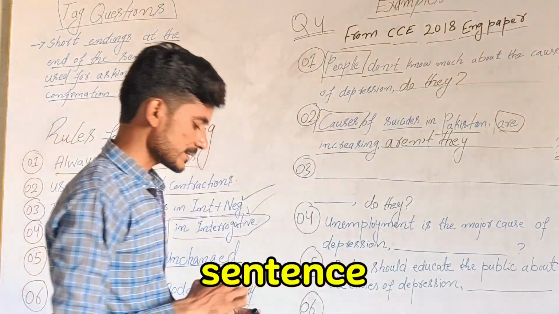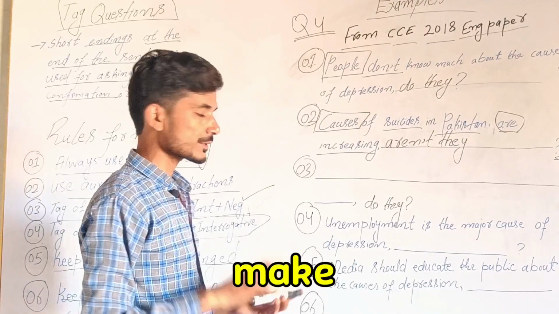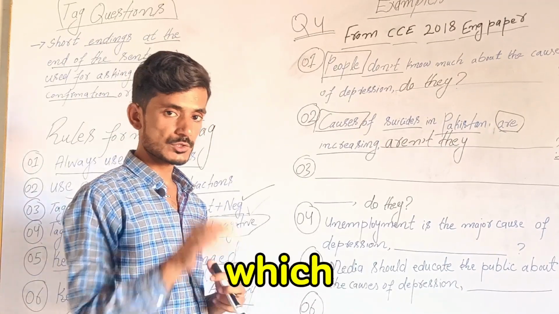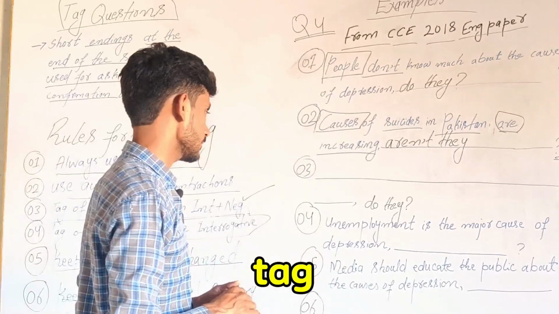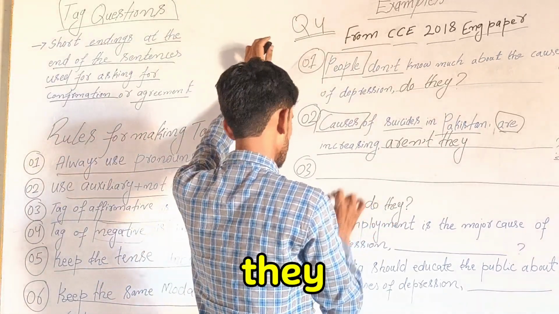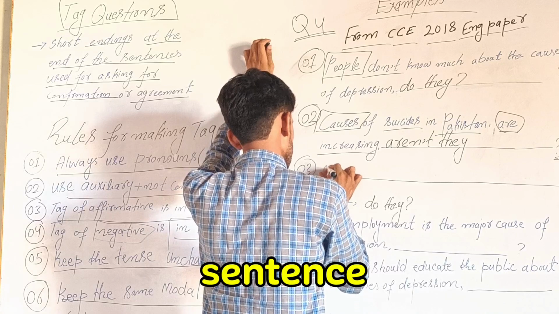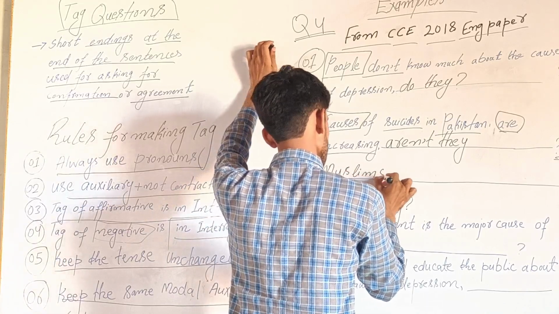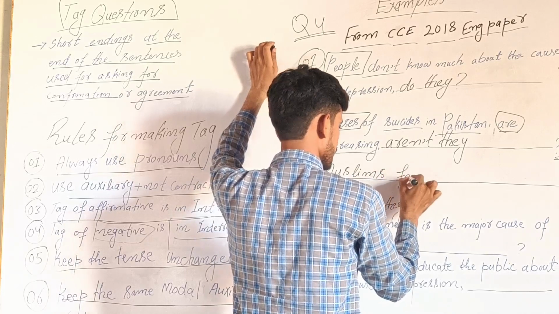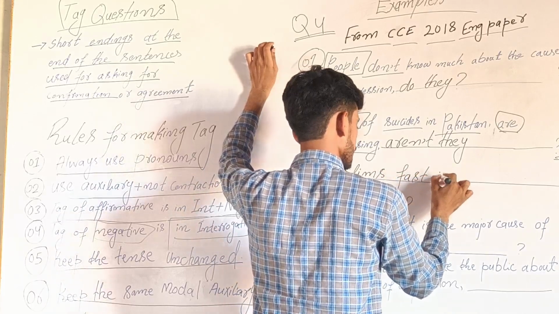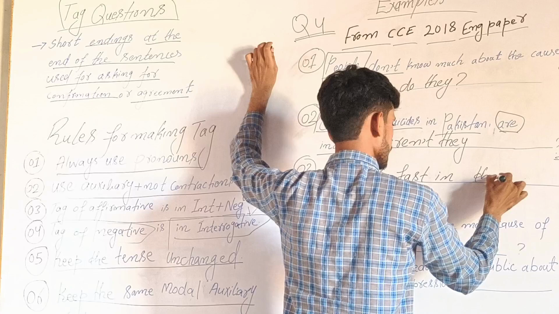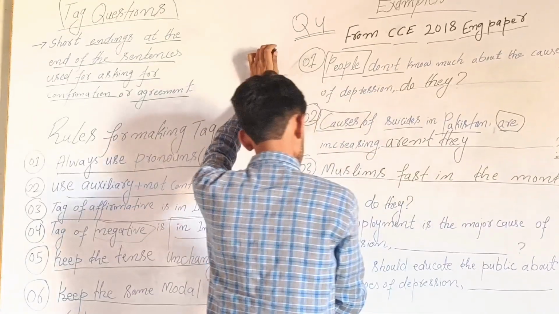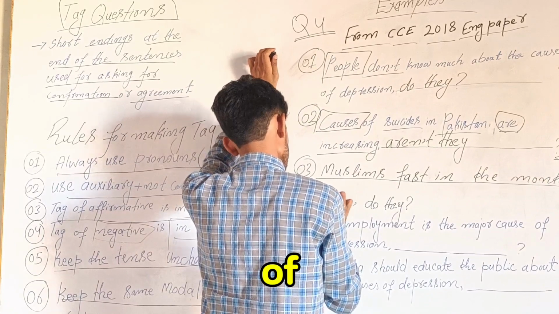In the third sentence, dear students, we are asked to make a sentence. The tag is already given, so we are supposed to make the sentence which fits for this tag. Do they. We have to make the sentence. Muslims fast in the month of Ramadan.